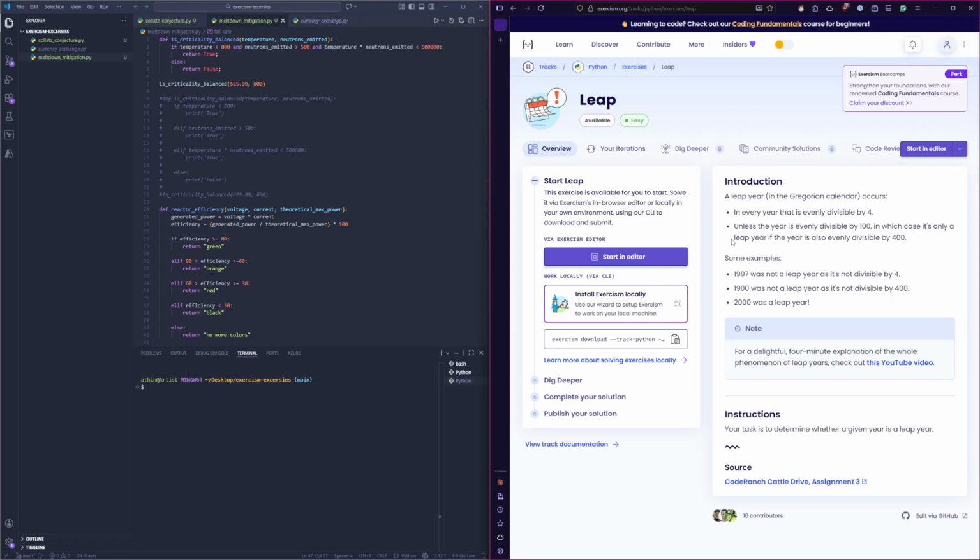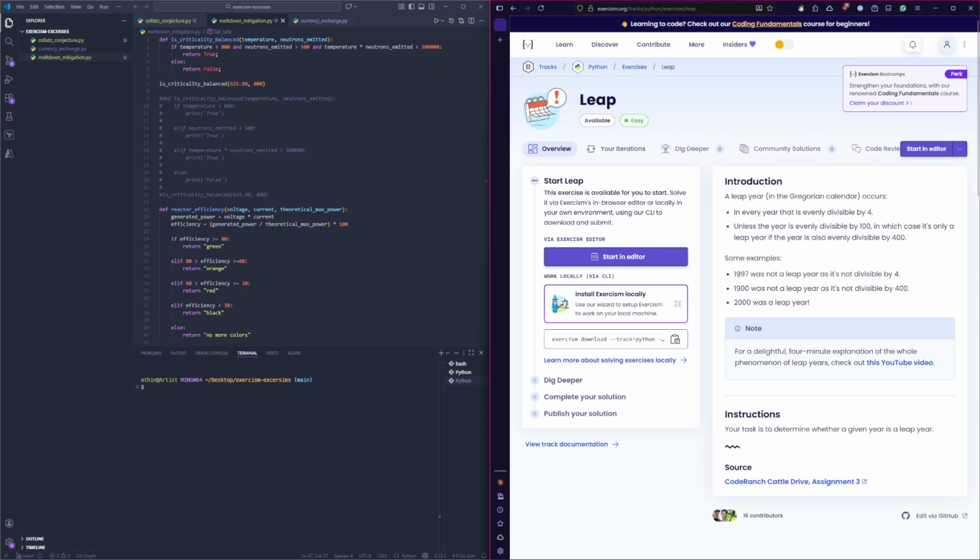Introduction, I'm not watching that. But a leap year in the Gregorian calendar occurs in every year that is evenly divisible by 4, unless the year is evenly divisible by 100, in which case it's only a leap year if the year is also evenly divisible by 400.